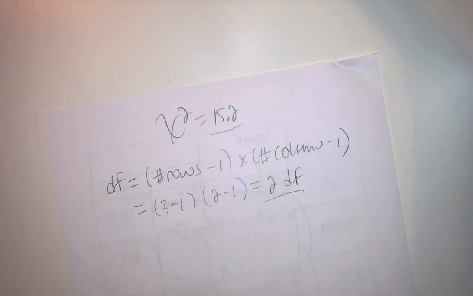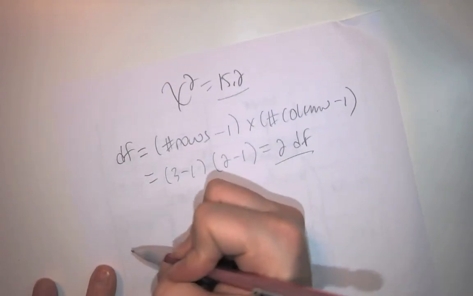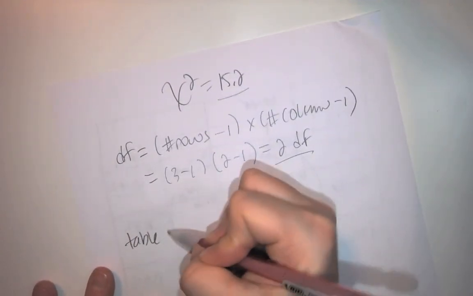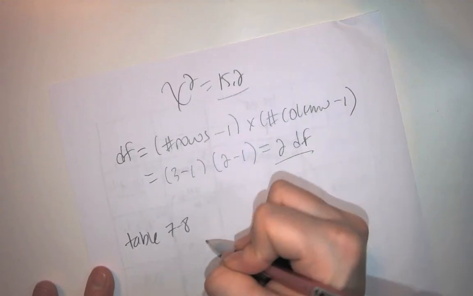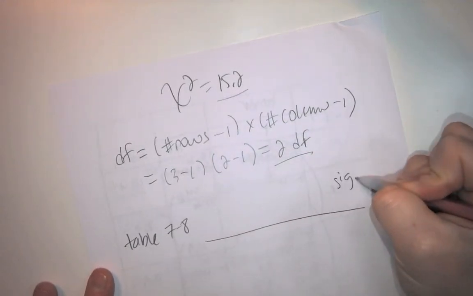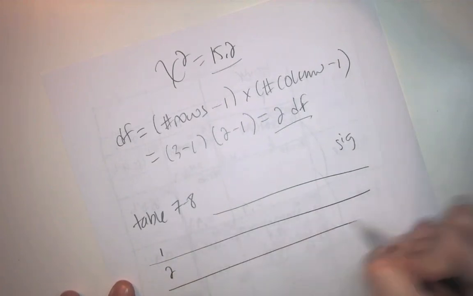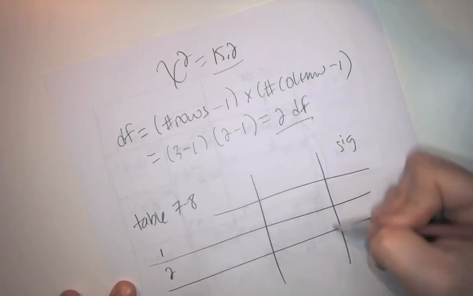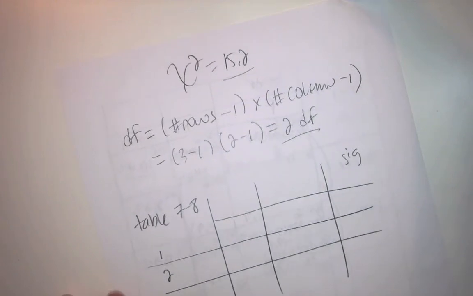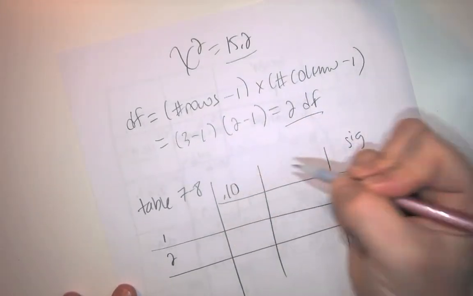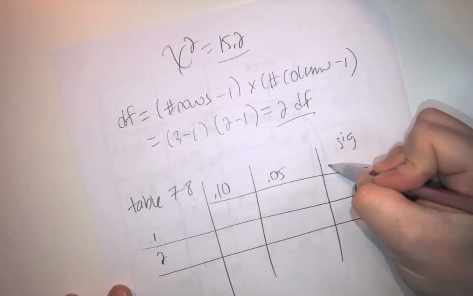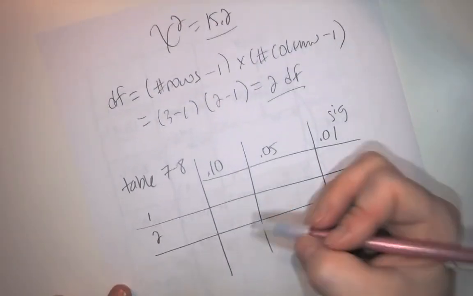We look at table 7.8 in your book that gives you the critical value for your degrees of freedom. So I'll just replicate really quickly. Table 7.8, our significance levels are at the top. And like with the t-test, this is a published table. So this is not something you make up. It exists. You can look it up on the internet as well, and you'll get the same data.